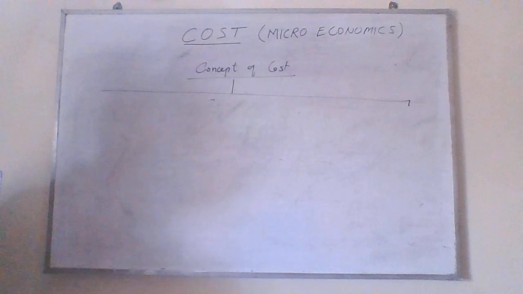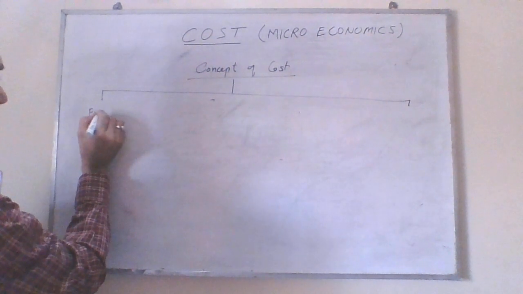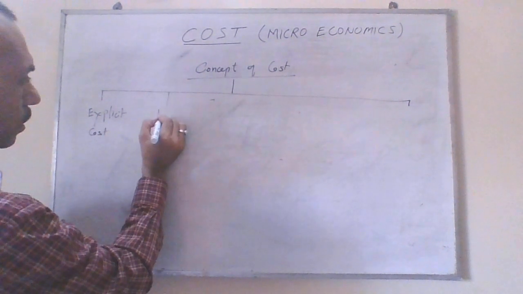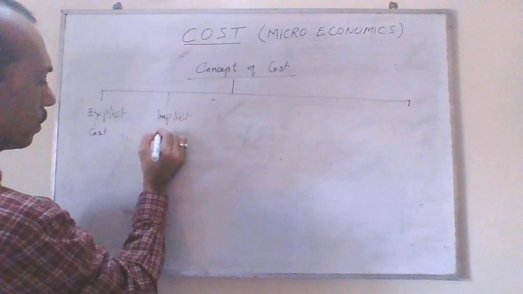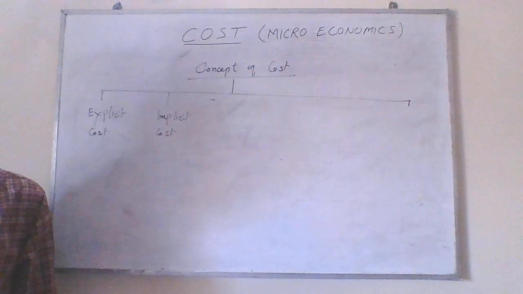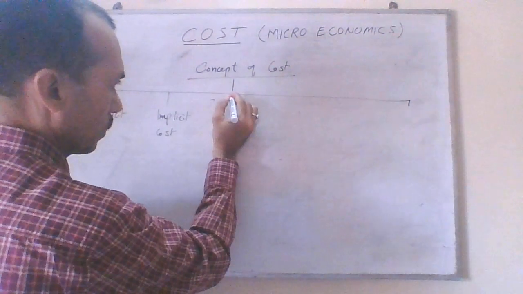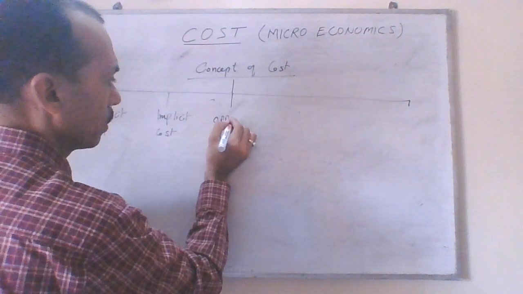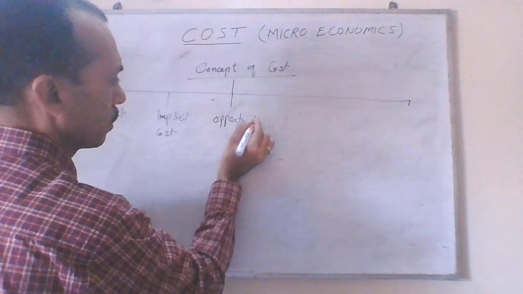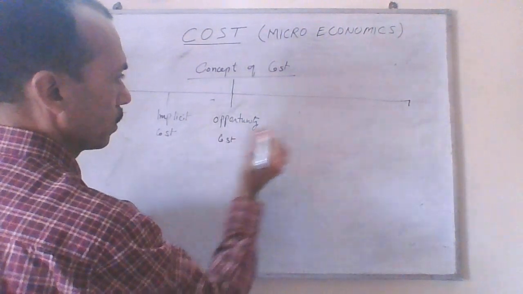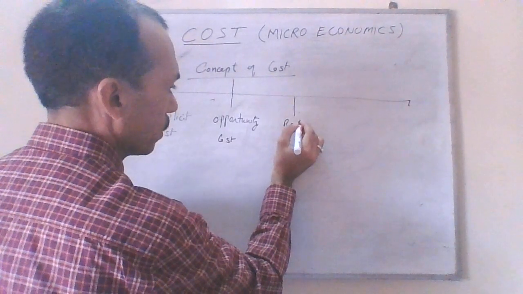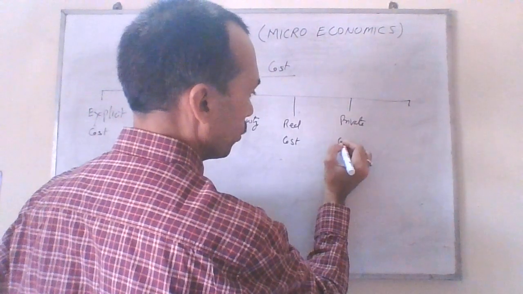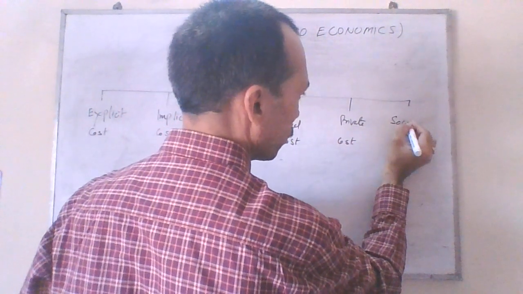These are explicit cost, implicit cost, opportunity cost, real cost, private cost, and social cost.